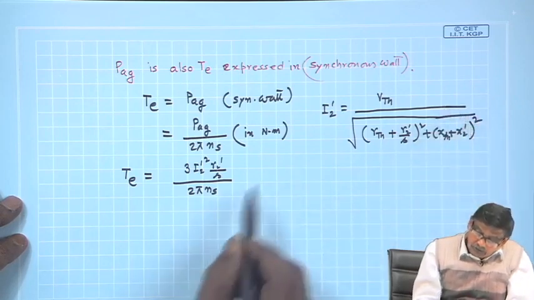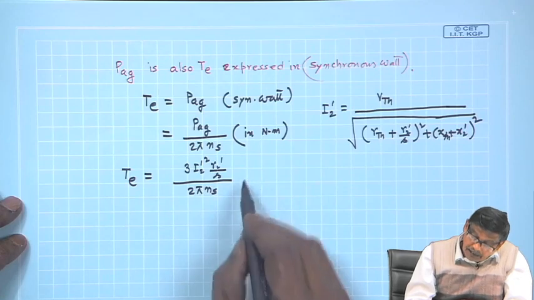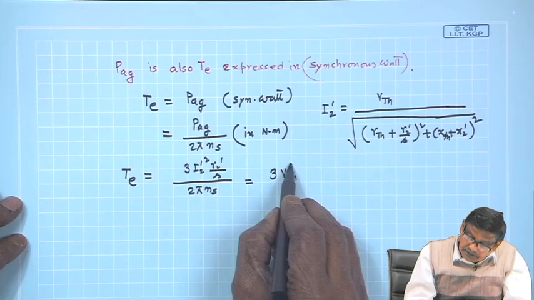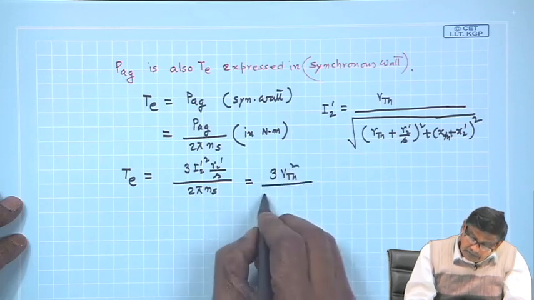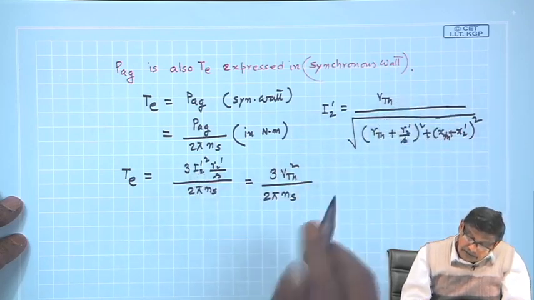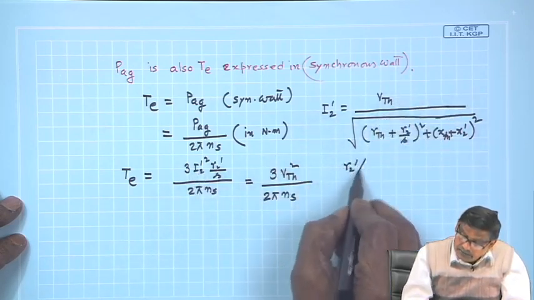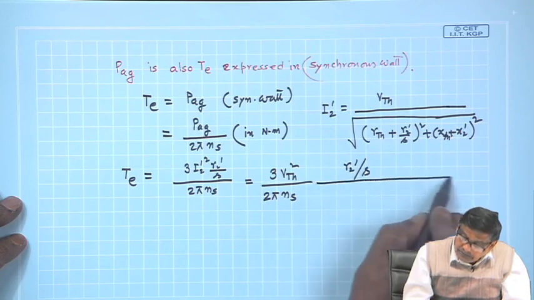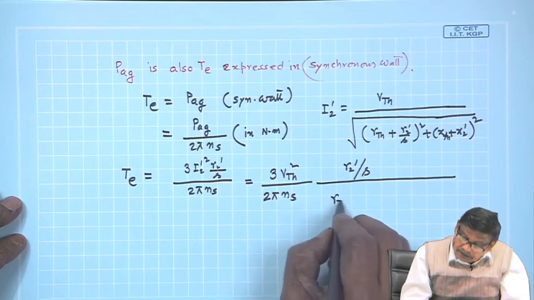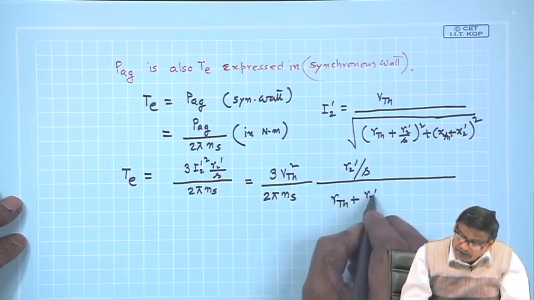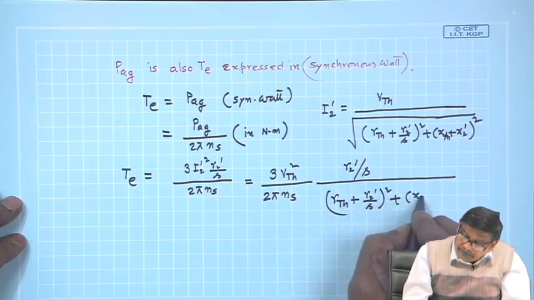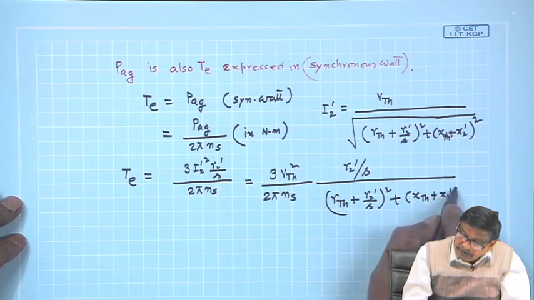So I have to put this value here, and if you do that you will get 3 V Thevenin squared by 2 pi ns, and in the numerator you have R2 dashed by S divided by, in the denominator it will be, these are algebraic manipulations, R Thevenin plus R2 dashed by S whole squared plus X Thevenin plus X2 dashed whole square.